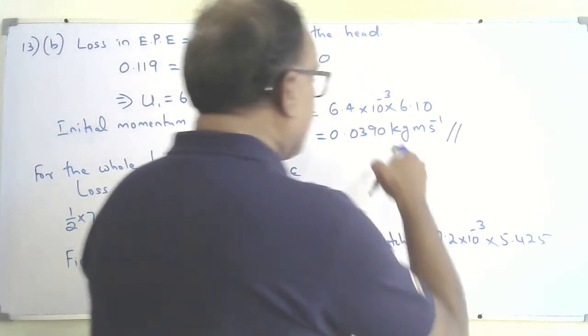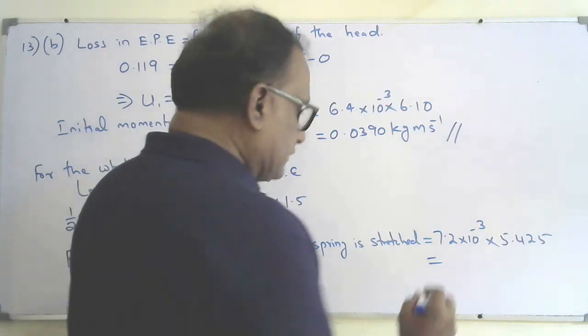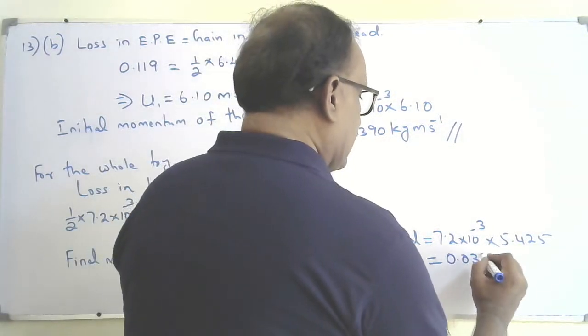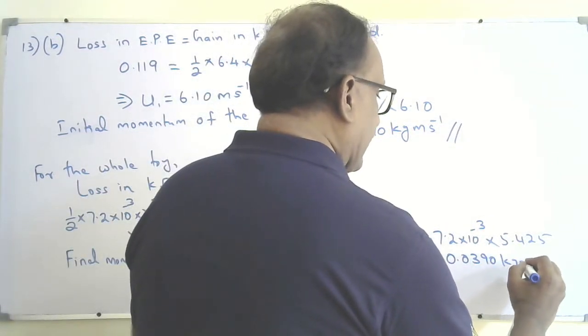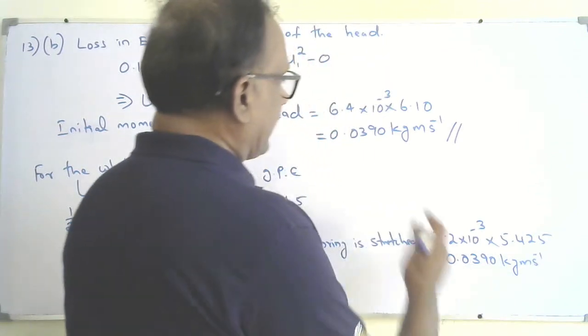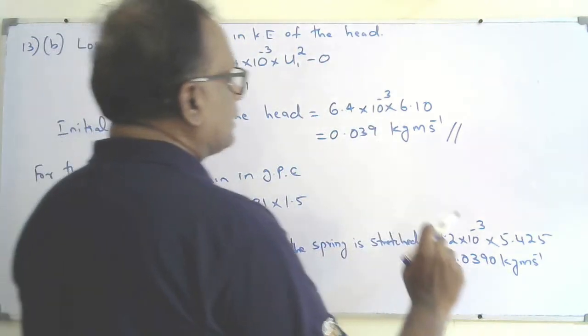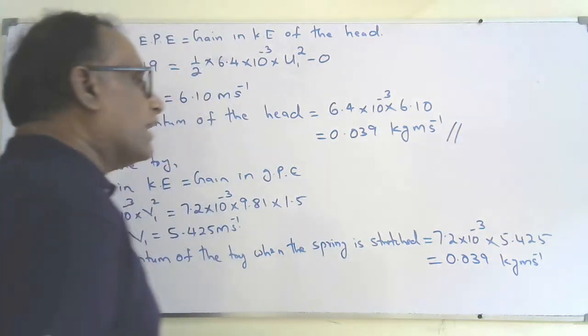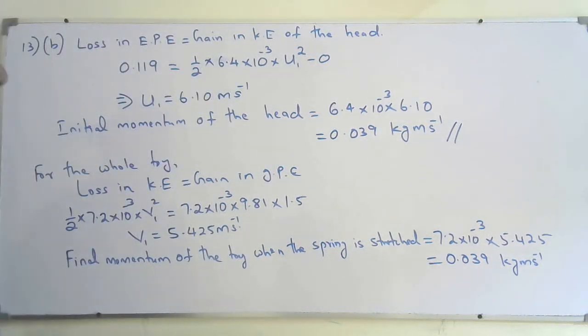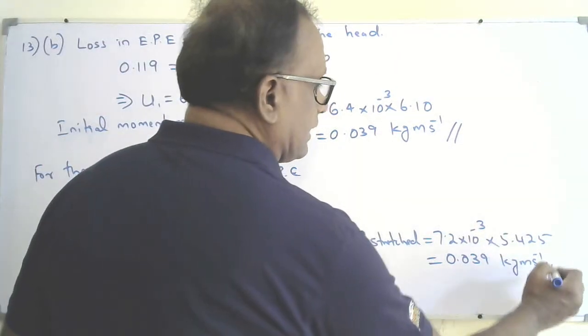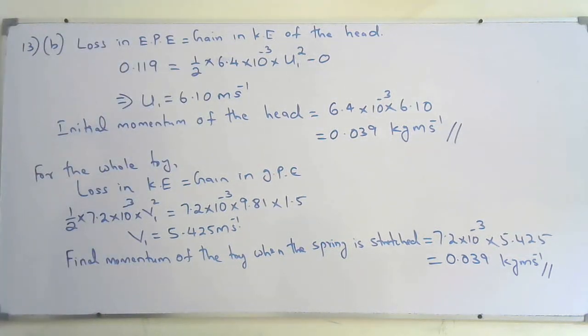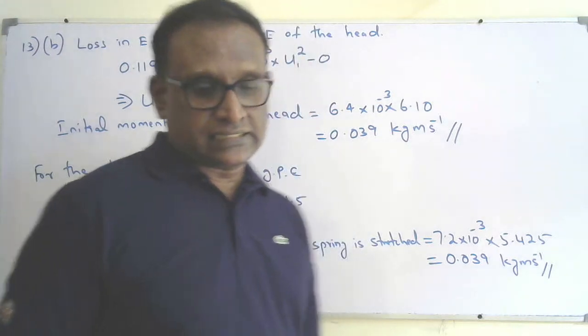So you will get the same answer, 0.0390 kilogram meter per second, or you can say to 3 decimal places, 0.039 kilogram meter per second. So you can see this momentum and this momentum are the same, means total momentum is conserved when the spring is stretched.